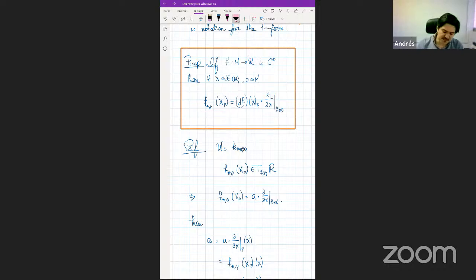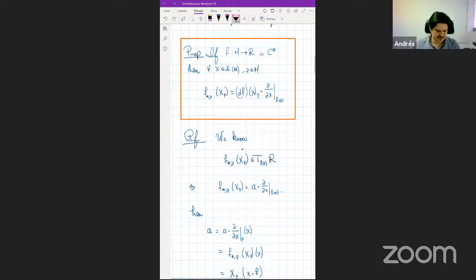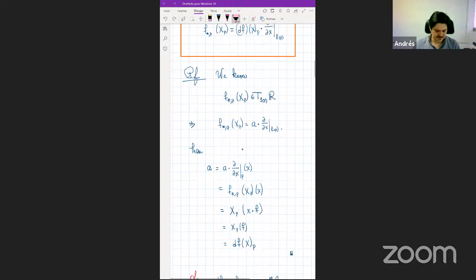And so far, this only holds on functions of this form. Right? Okay, then, so this is what we know.